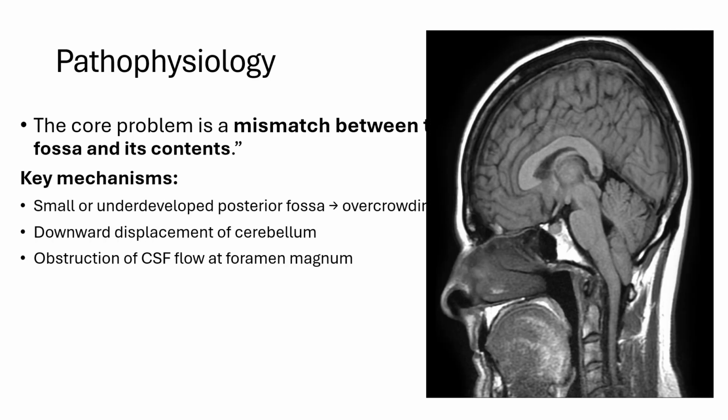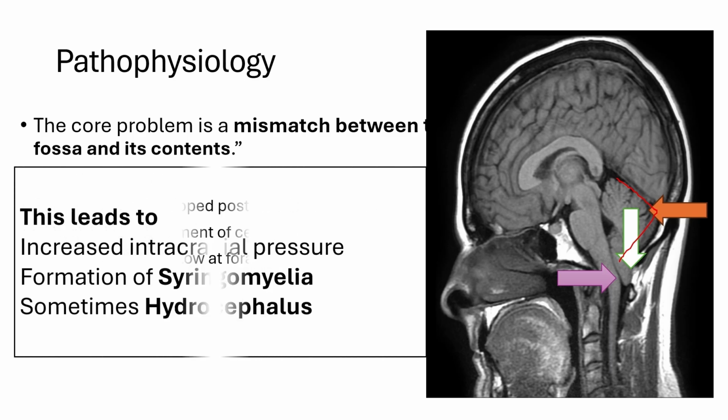The posterior fossa is small in size, leading to overcrowding of posterior fossa structures. Then there is downward displacement of the cerebellum, denoted by this white arrow, and this leads to obstruction of CSF flow at the foramen magnum. These three mechanisms cause the neurological symptoms, and this will lead to an increase in intracranial pressure. This will cause hydrocephalus and also the formation of syringomyelia.